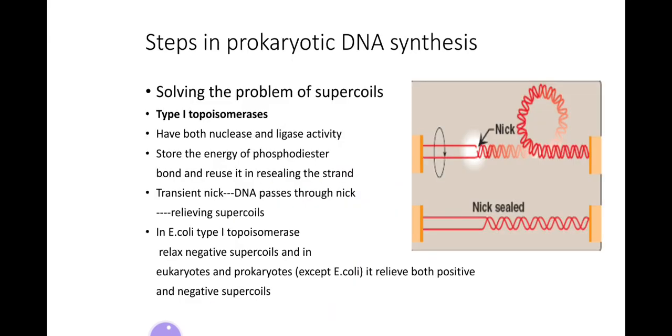The enzymes involved in solving the problem of supercoils are of two types. The first type is type 1 topoisomerase.